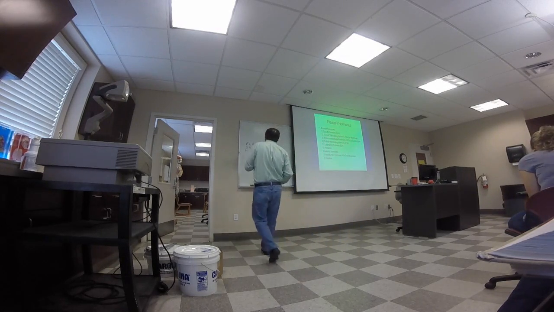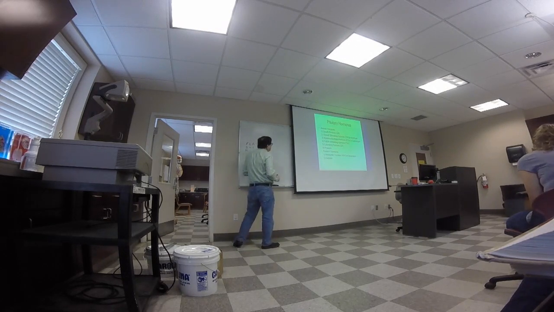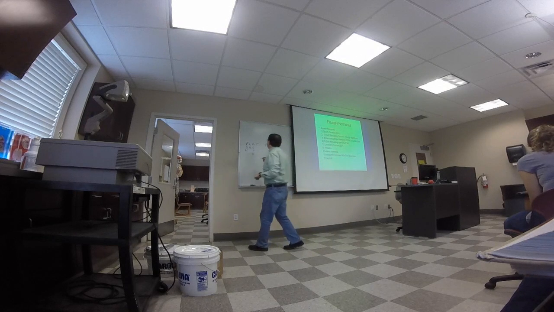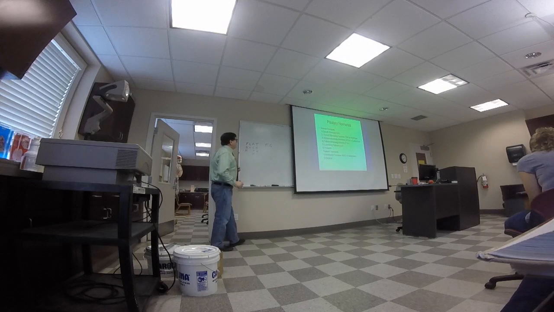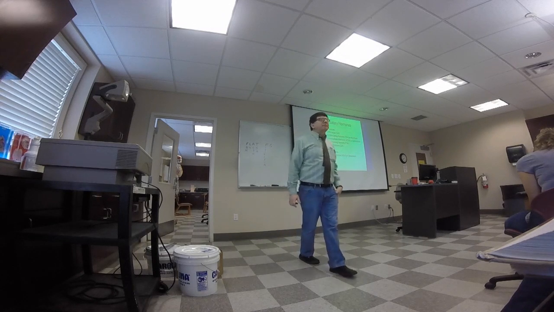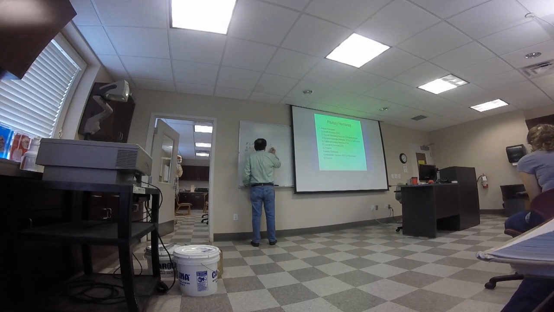The A stands for ACTH, which is an abbreviation for adrenocorticotropic hormone. The T, TSH, thyroid stimulating hormone. The P for prolactin. The i, it's lowercase, doesn't mean anything. And then G, growth hormone.